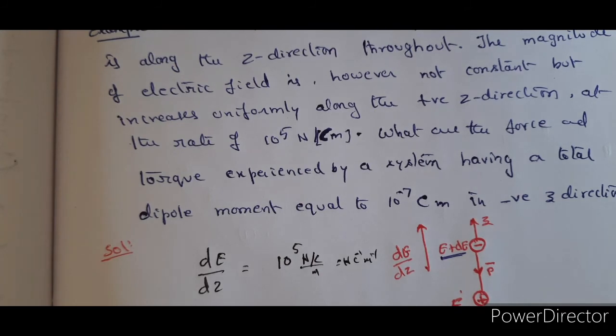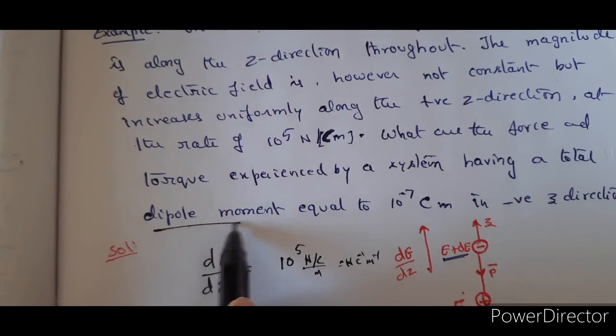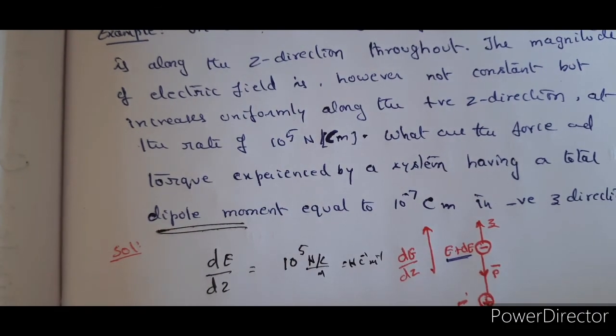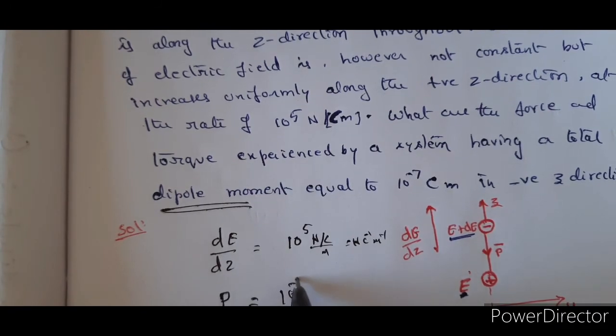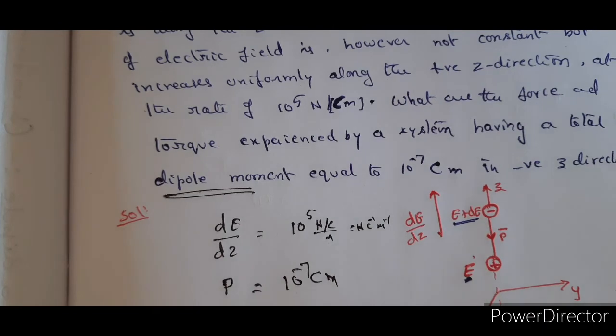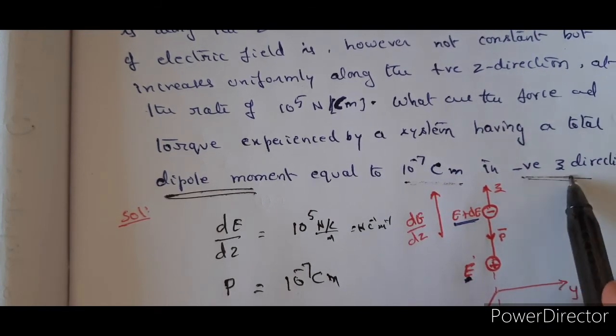What are the force and torque experienced by a system having a total dipole moment equal to 10 power minus 7 Coulomb meter? So what else is given? The dipole moment P, or modulus of P bar, which is 10 power minus 7 Coulomb meter, is given to us, in the negative z direction.